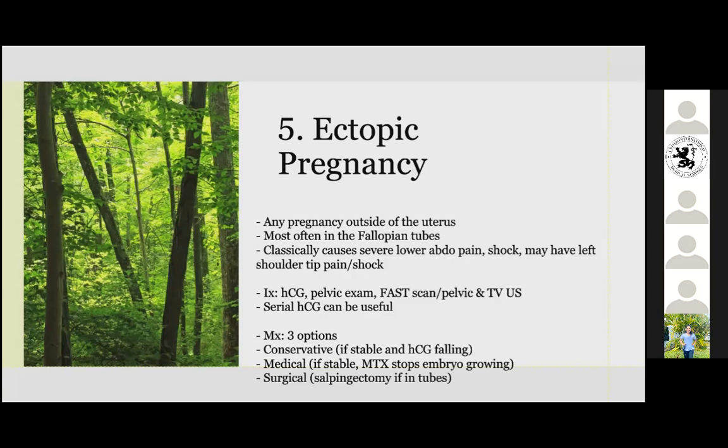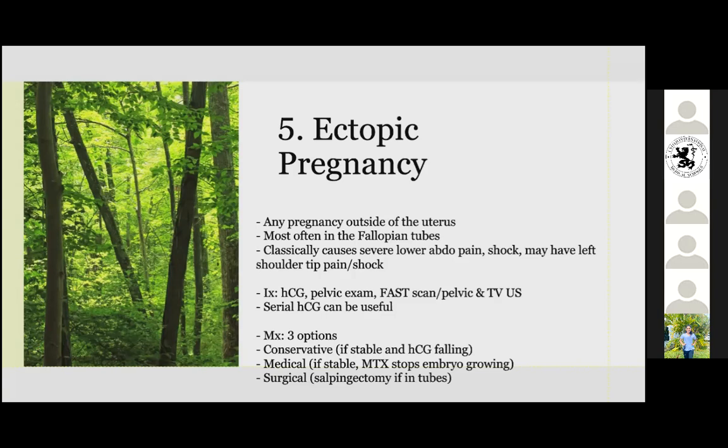It should be doubling over that time period. If it's increasing at a slower rate, this suggests that the pregnancy is being stifled by being in the fallopian tubes, where the pregnancy can't grow at a normal rate.